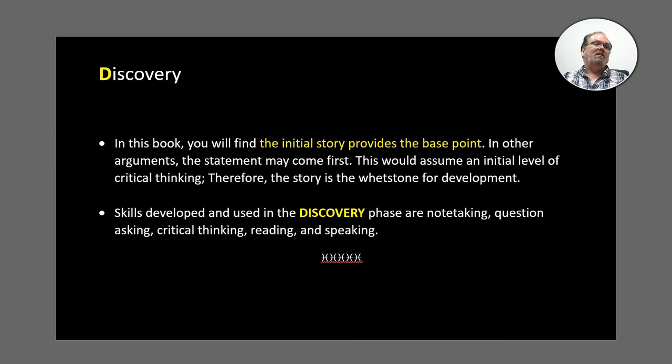So the whetstone is like the sharpening stone for development of your idea. Sharpening means you're getting ready, you're sharpening your ideas, you're thinking a little bit narrow. Now you're thinking big, you want to narrow down. And that's the whetstone. Whet means sharpen.